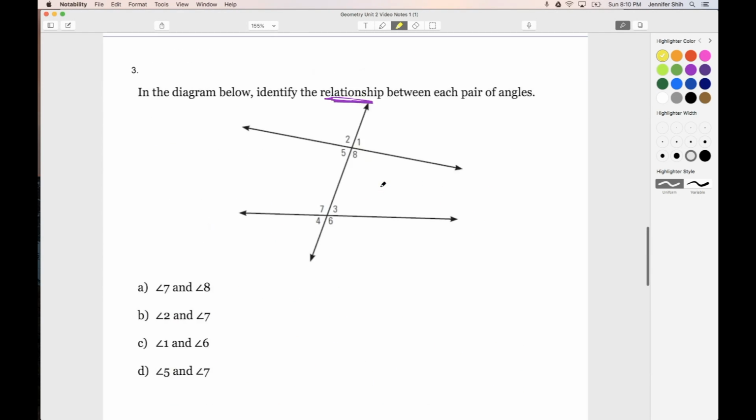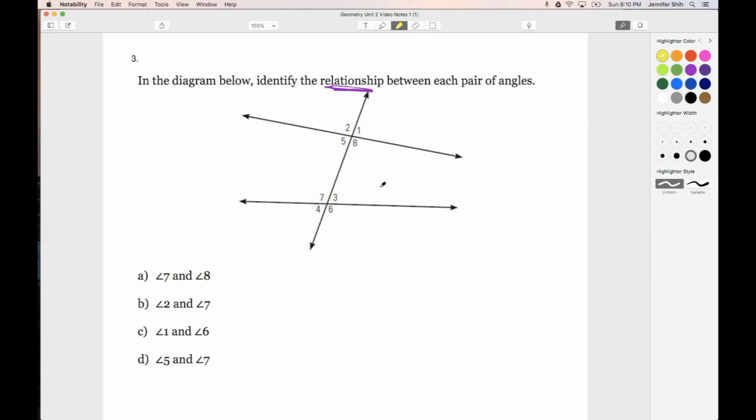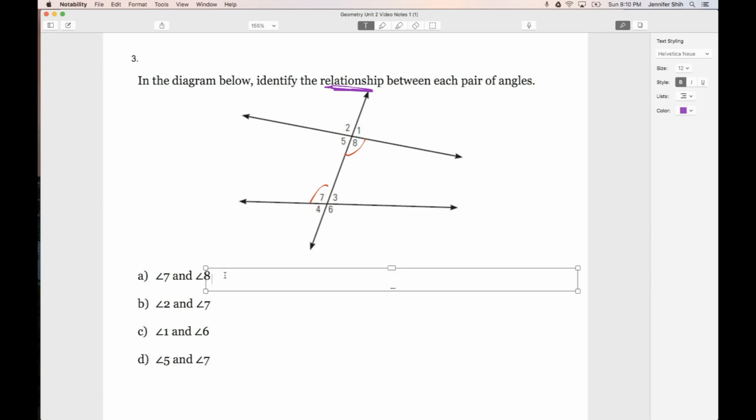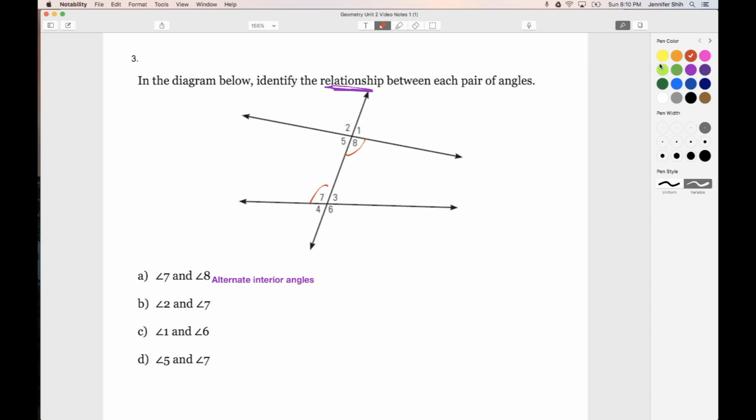Back to the third example. What is the relationship between two angle pairs? Well, what's the relationship between angle 7 and angle 8? Looks like they are on alternate sides of the transversal, and they're on the inside of the parallel lines. So these should be alternate interior angles. What about for B, angle 2 and angle 7?